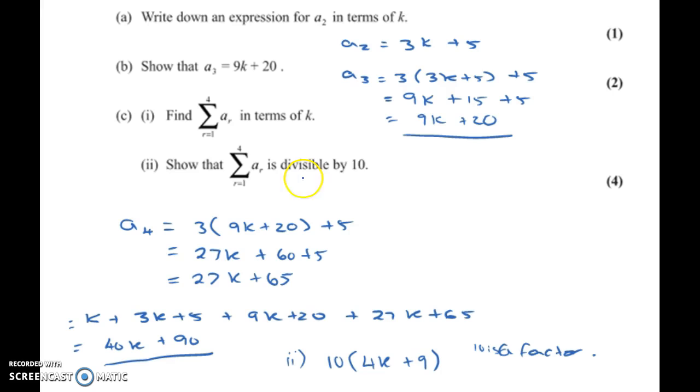You've also proved there that it's divisible by 10. It's worth having the supported statement rather than just writing out 10 outside of the bracket. You've got 2 marks for each of these, so I would definitely write the supportive statement.